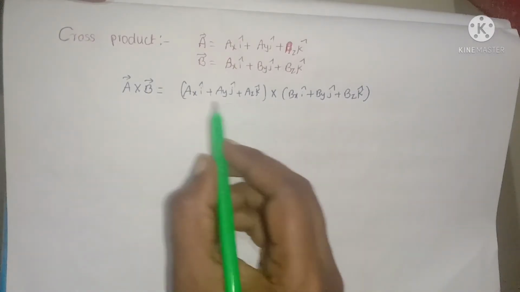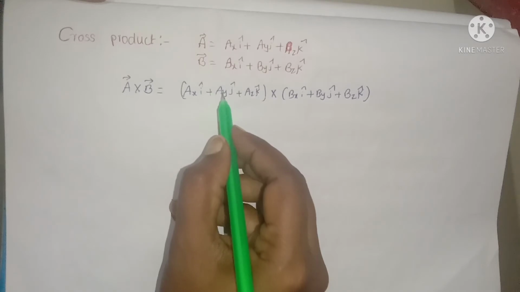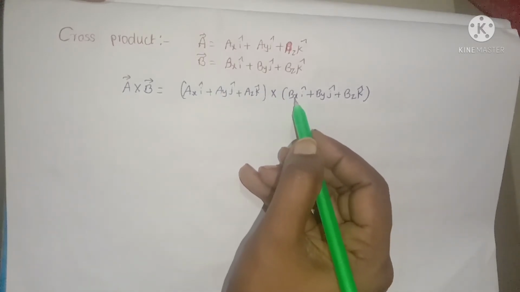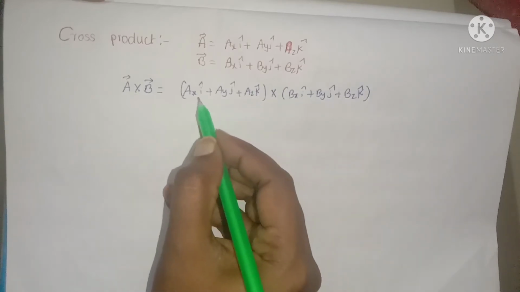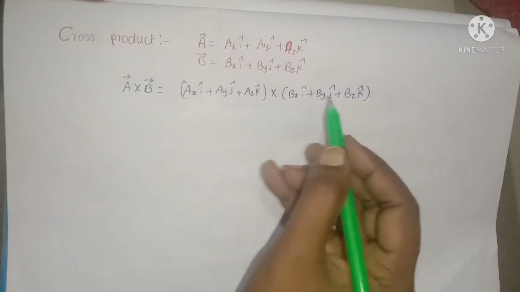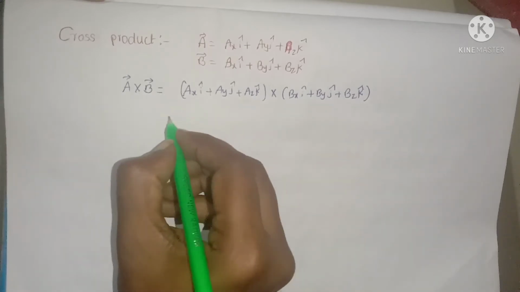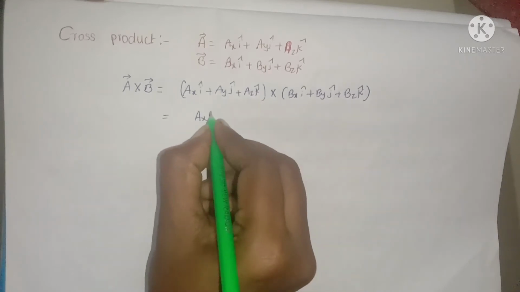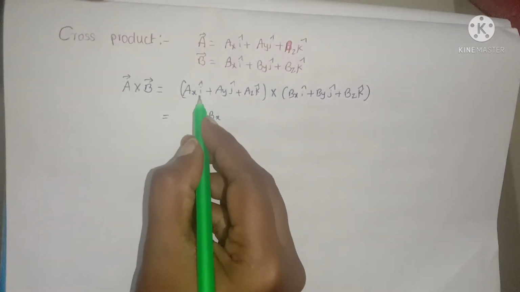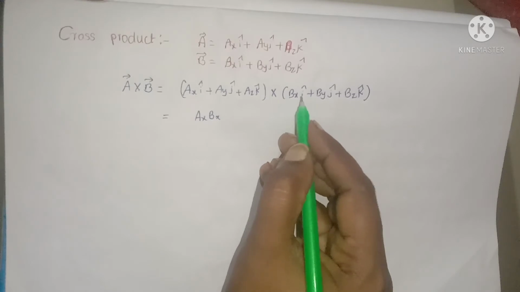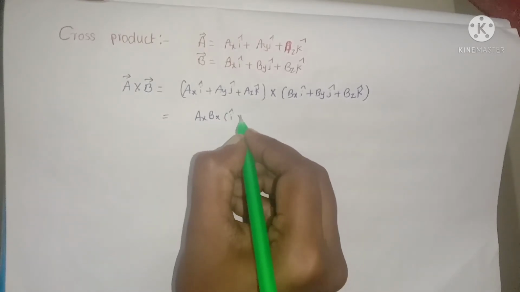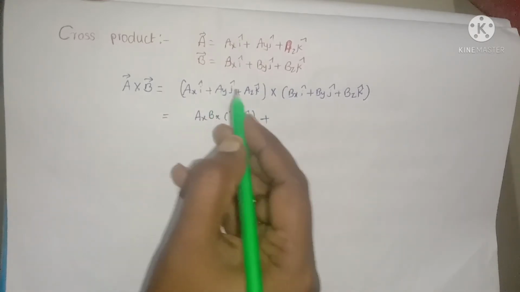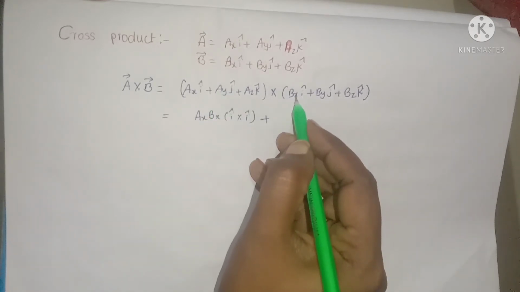So now first, ax i cap, ay j cap, az k cap is multiplied with bx i cap. Same like ax, ay, az is multiplied by by. So like that we have to do that cross product. So ax, bx, here the unit vector is i cap, here the unit vector is i cap, then i cap cross i cap. Second one, now ay j cap is multiplied with bx.